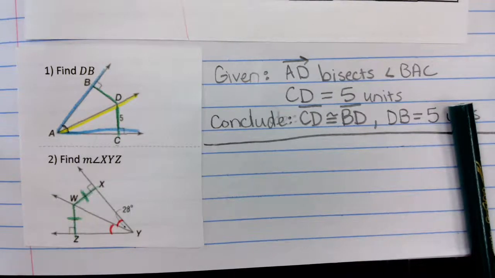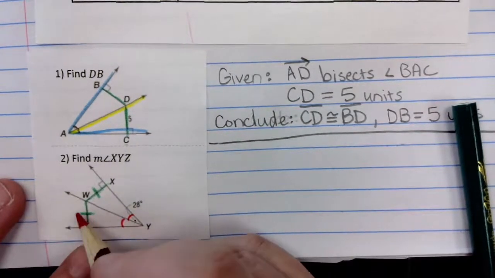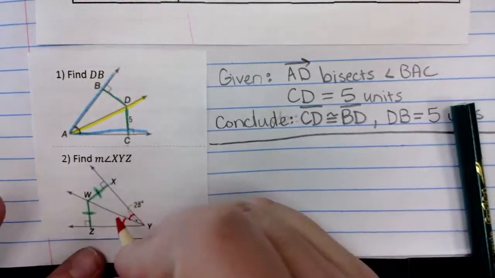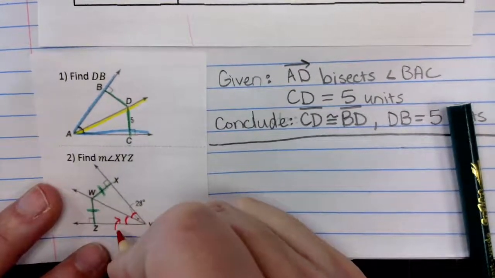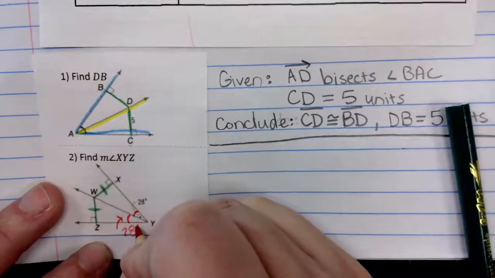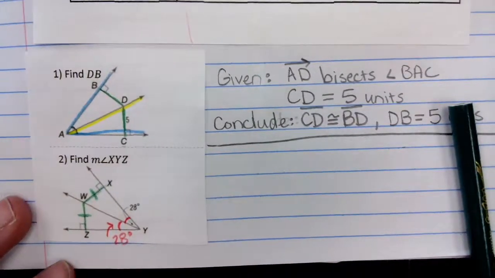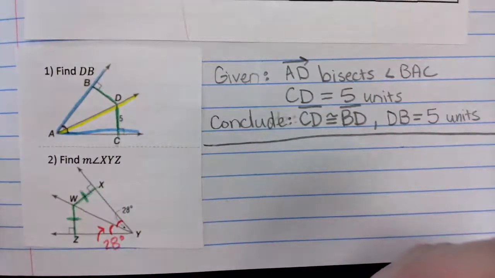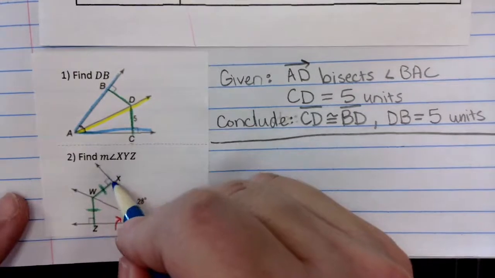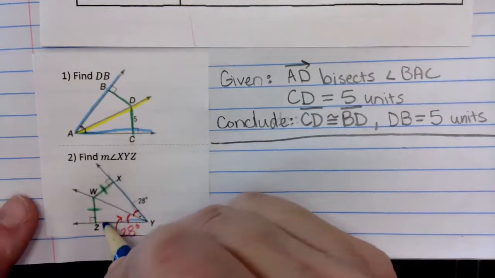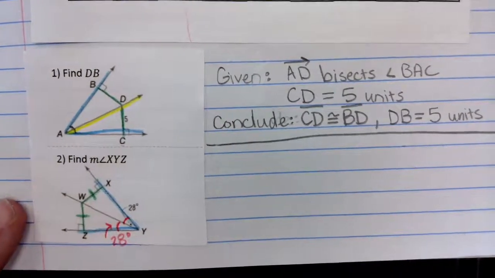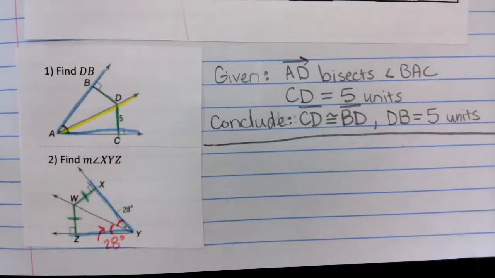Okay, so since these are the same, that means these angles are the same. So if this top is 28, what's the bottom? 28. Now let's see what it's asking us to find. It's asking us to find XYZ. So what angle is XYZ? If I trace that, XYZ, is it the top angle, the bottom angle, or the whole angle?